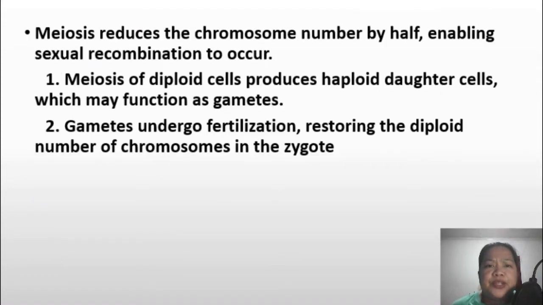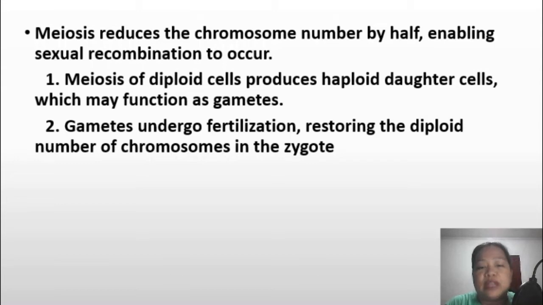Meiosis reduces the number of chromosomes by half, enabling sexual recombination to occur. Meiosis of diploid cells produces haploid daughter cells, which may function as gametes. Gametes undergo fertilization, restoring the diploid number of chromosomes in the zygote stage. So when the egg meets the sperm, that's the time they become diploid again.